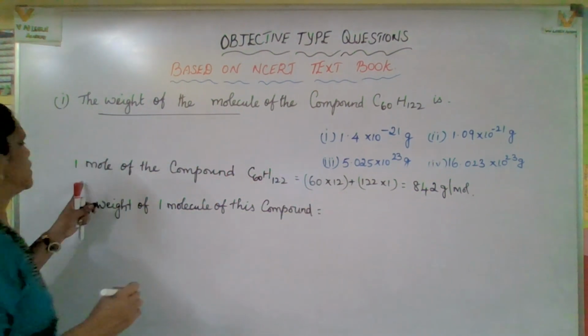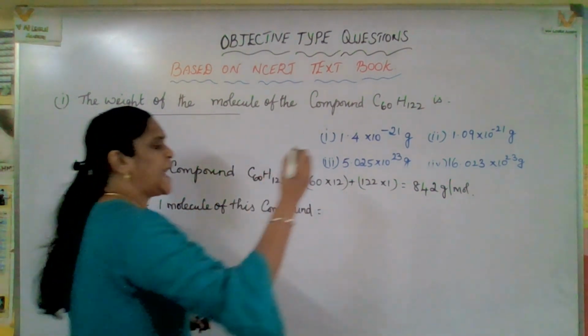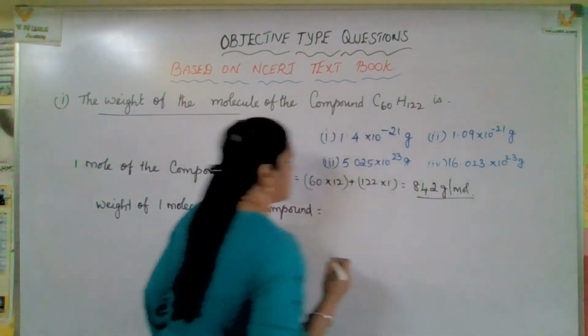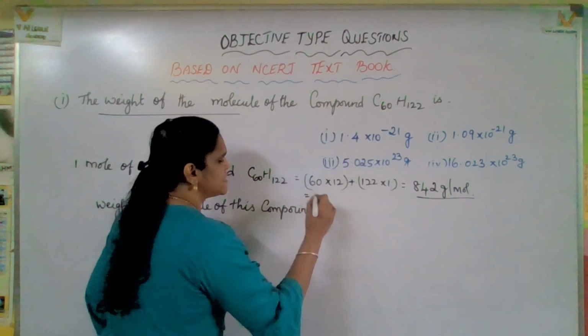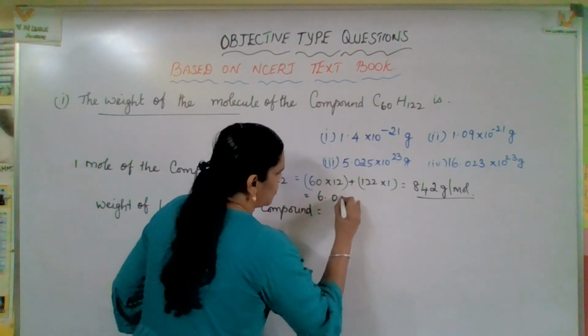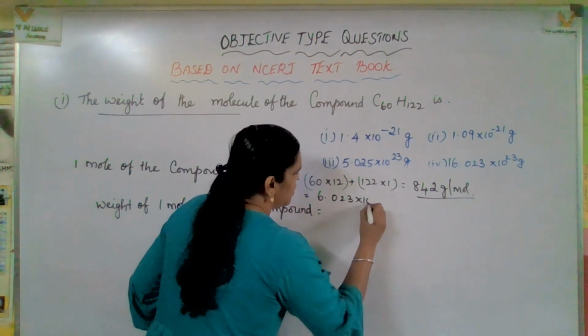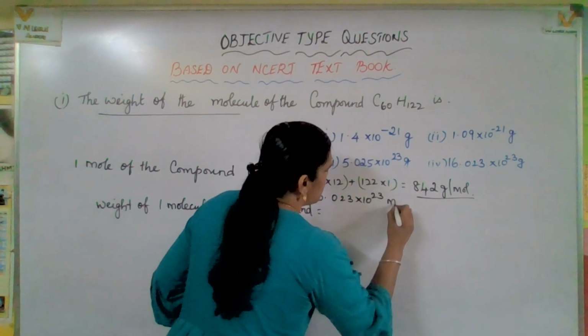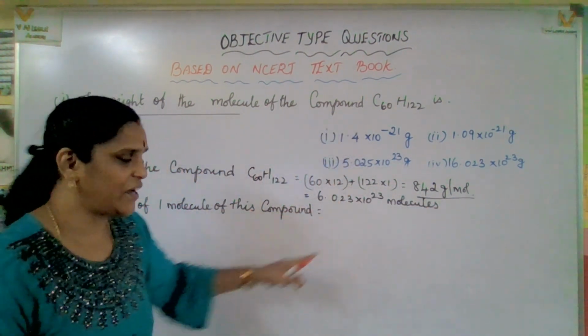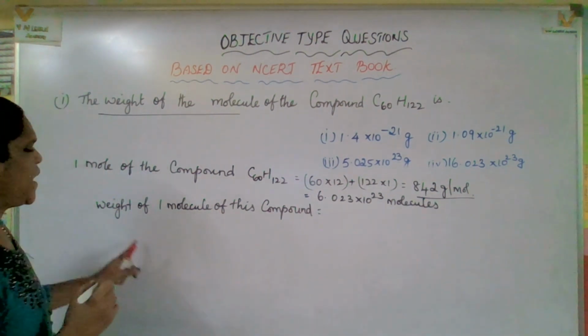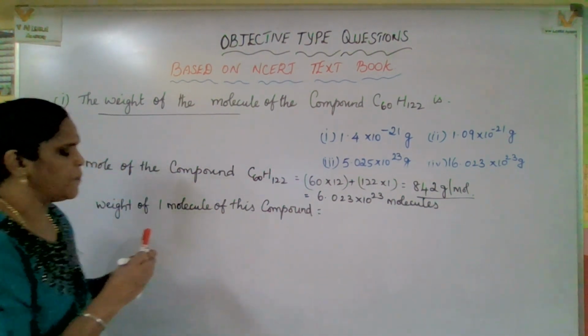Here, 1 mole of a compound is this much gram. 1 mole of the compound has 6.023 into 10 to the power of 23 molecules. Right, got it. Okay, now the weight of the molecule of this compound.